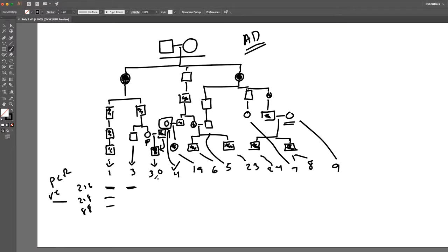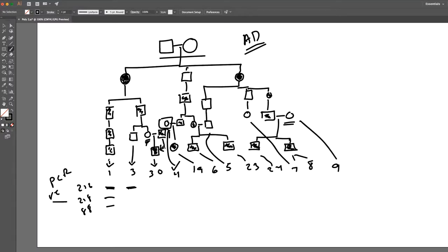Now, 30 is a little weird because, as we said before, 30 is the son of this unafflicted person, and that can't happen in an autosomal dominant disorder. If this male is afflicted, their mother must be afflicted if they got the disease gene from her.